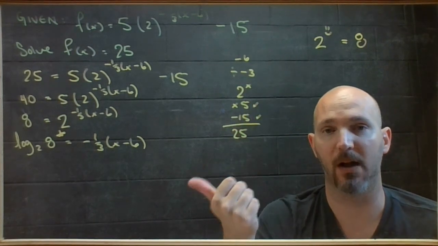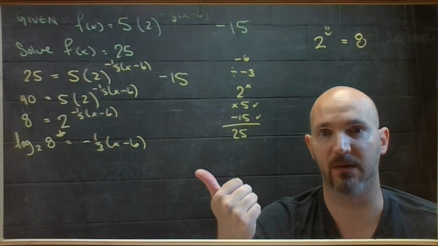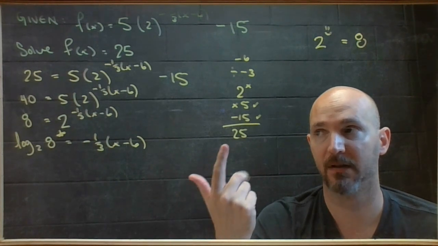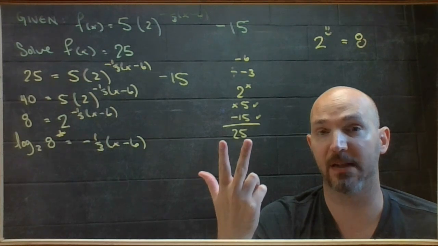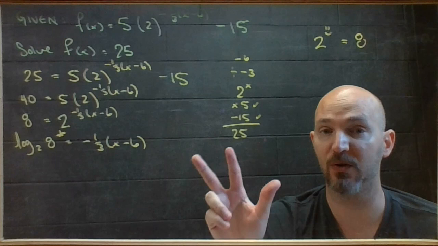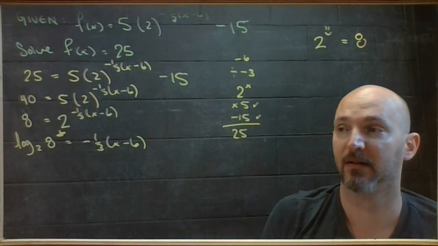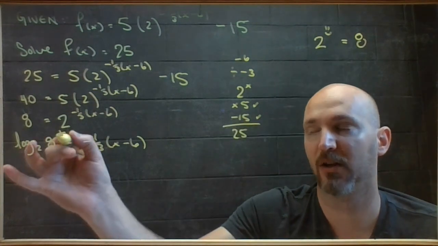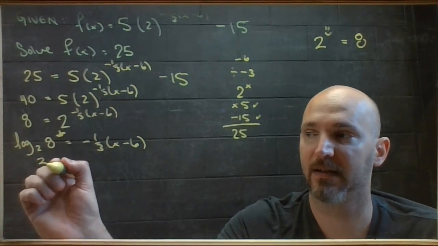Well, it's not 1 because 2 to the 1 is 2. 2 squared is 4. That's not enough. 4 times 2 is 8. That's the right number, and it was 3 as my exponent. 2 cubed is 8. So because 2 cubed is 8, log base 2 of 8 is 3.